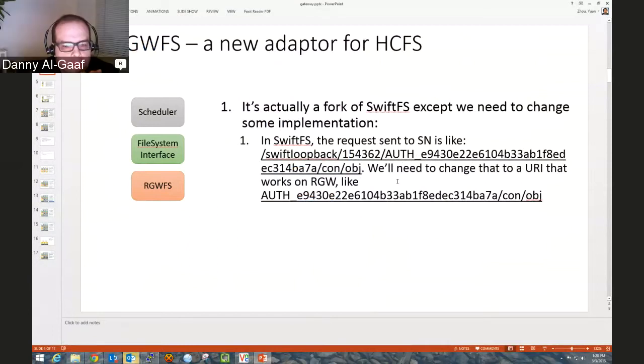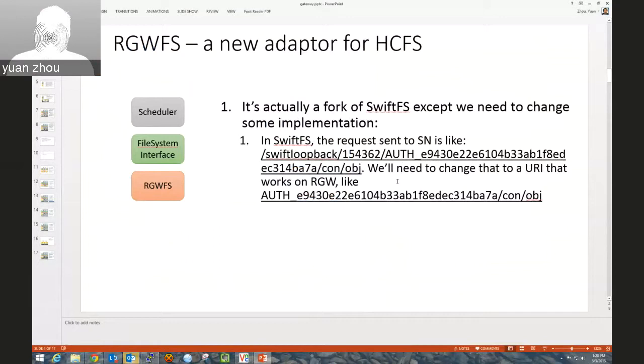Mm-hmm. Okay, so actually RGWFS is just a similar fork of SwiftFS in the OpenStack Sahara project, except there are some minor changes.